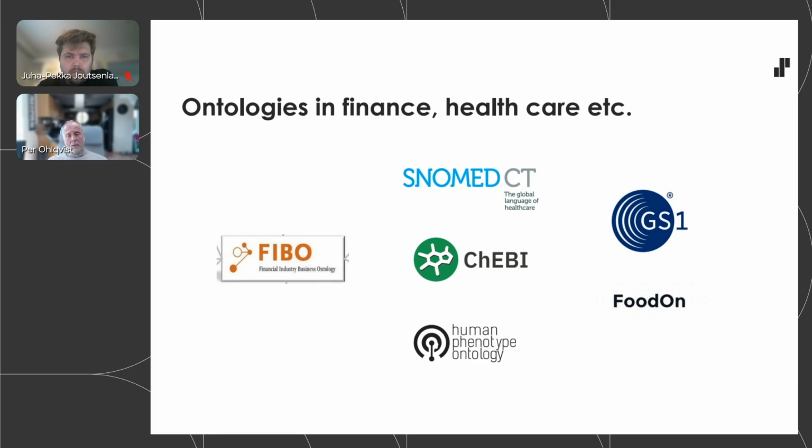Now, in some more regulated and mature industries like finance, medicine, healthcare, etc., ontologies have already been used in practice for years. For example, FIBO and SNOMED. Then others are emerging in specific industries like product supply chain, food, and e-commerce, and more.